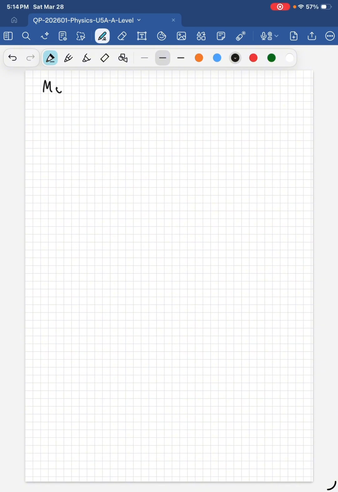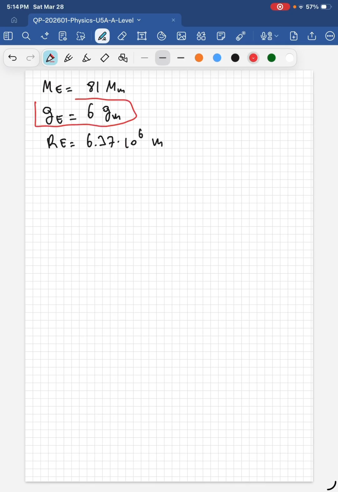They say that the mass of the Earth is 81 times the mass of the Moon. The gravitational field strength at Earth is 6 times the gravitational field strength at the Moon. And the radius of the Earth is 6.37 times 10 to the 6 meters, right? So we will start with this.